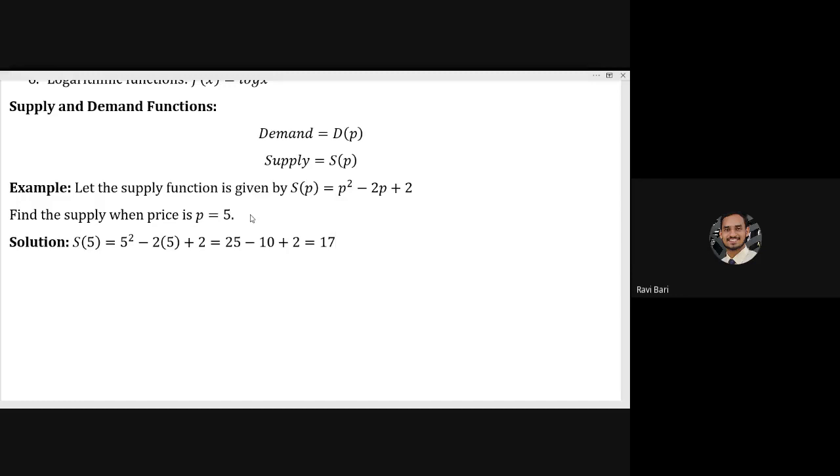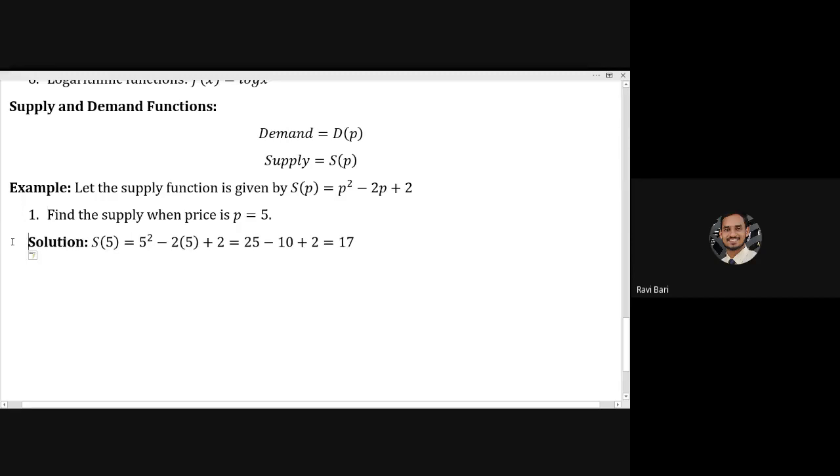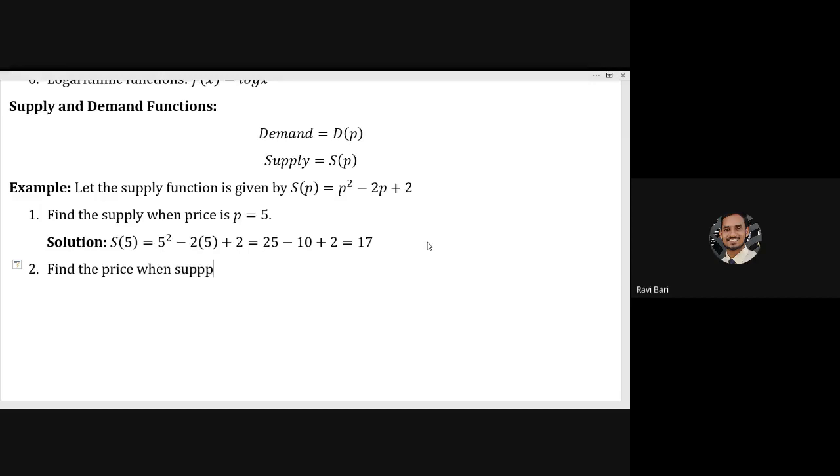Can you find the price when the supply is 10? Find the price when supply is 10.